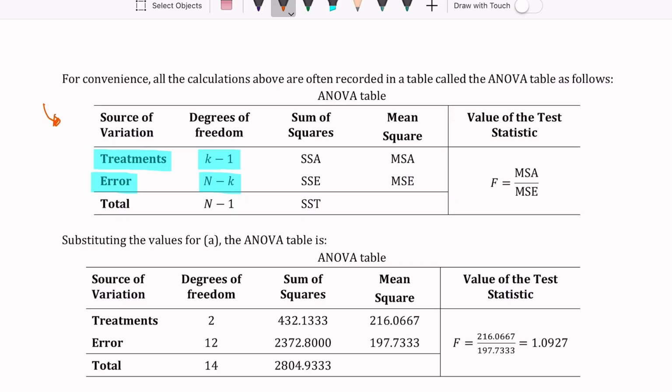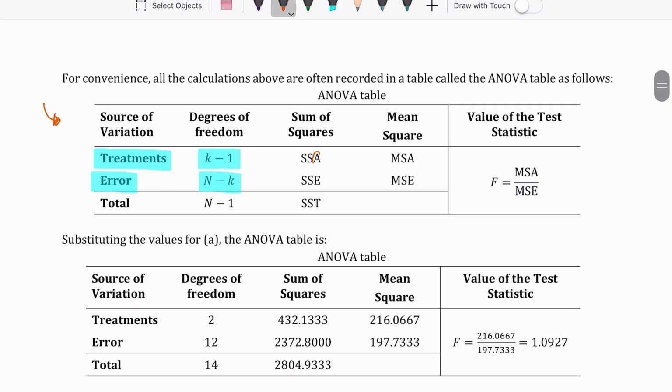The third column, we have the column of sum of square treatment and sum of square error. Treatment mean square is given by treatment sum of square divided by degree of freedom of the treatment, or simply you divide these two values, SSA divided by K minus 1.